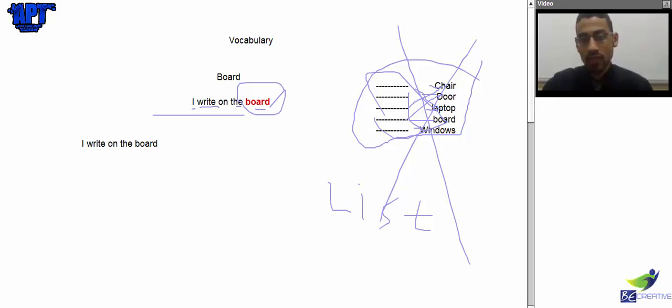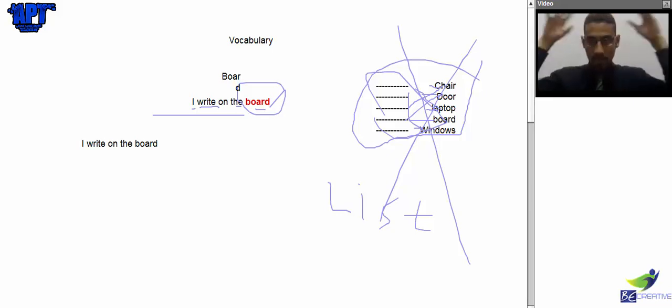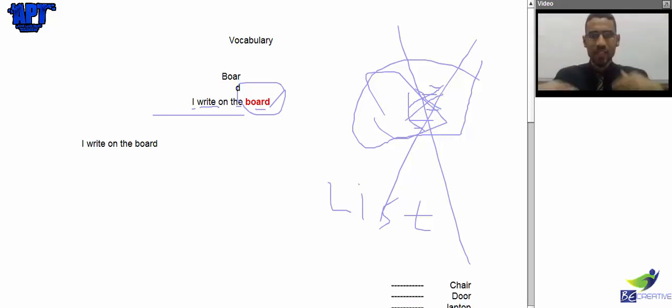When I think I have a list here, sometimes I will think the chair is this one, and this one is this one, and this one is this one. So I have lots of things, lots of ideas, all together.